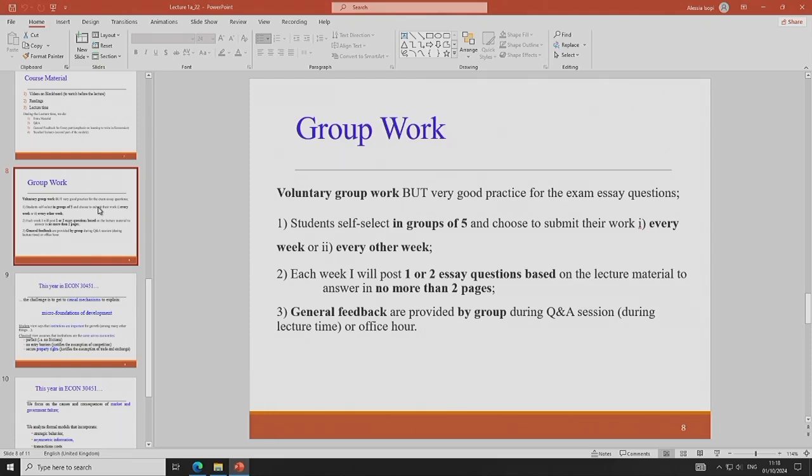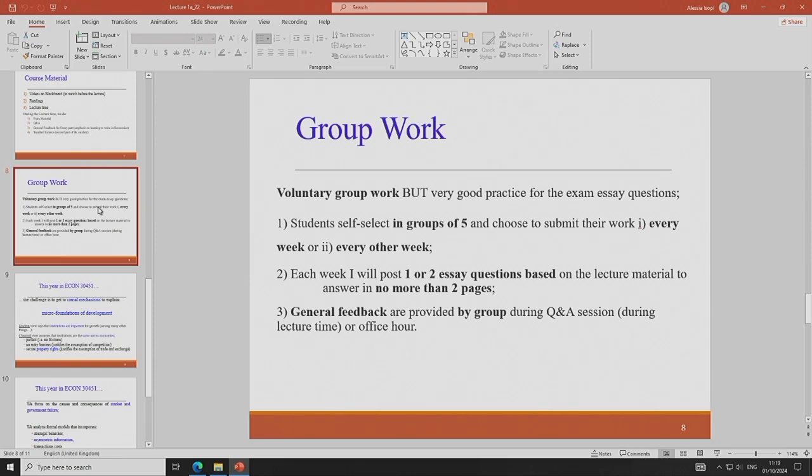It's totally for you. But I consider it very good practice both for the midterm and the final exam, because the first part of the questions will be to discuss a statement, to comment and provide a sort of discussion using what you've learned so far.